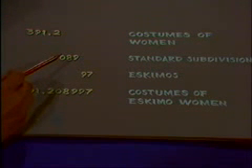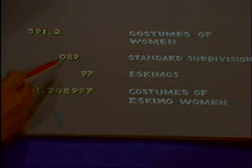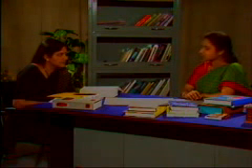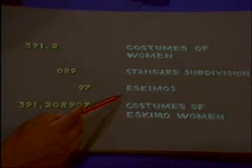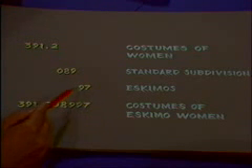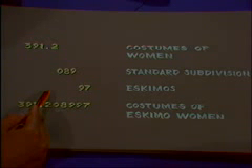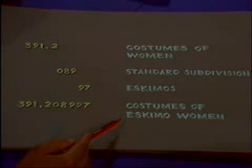After adding the standard subdivision number 089, we have to add the number for Eskimos. The number for Eskimos in table 5 is 97. So adding all this number, we get the complete number for the title Costumes of Eskimo Women.